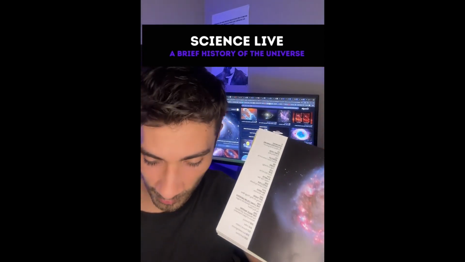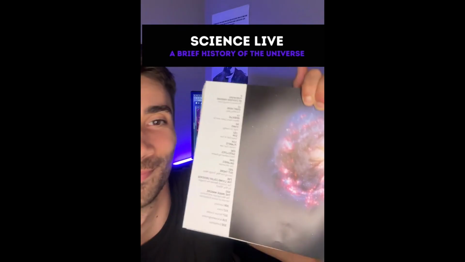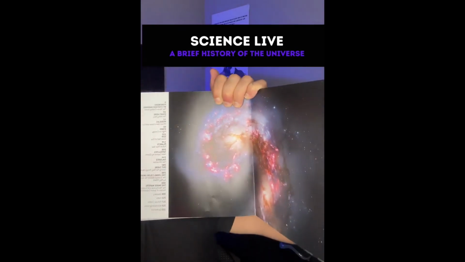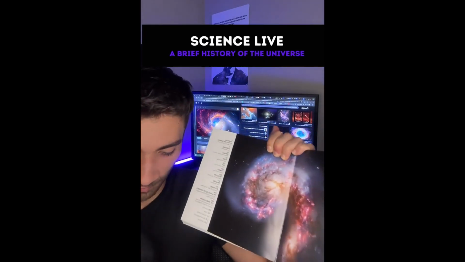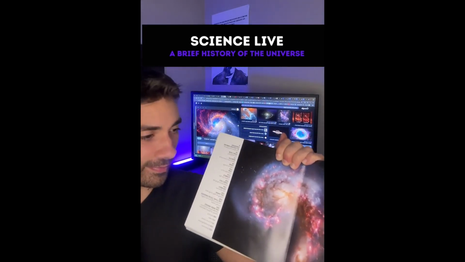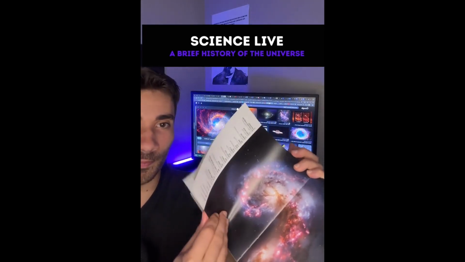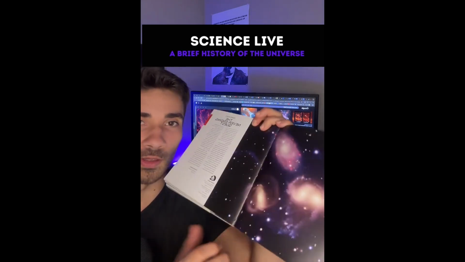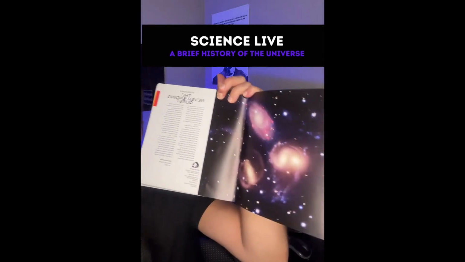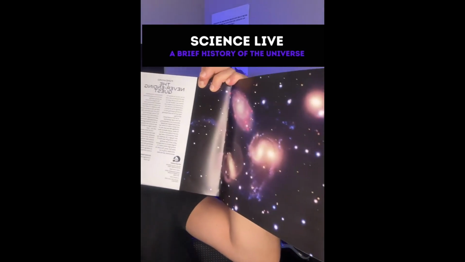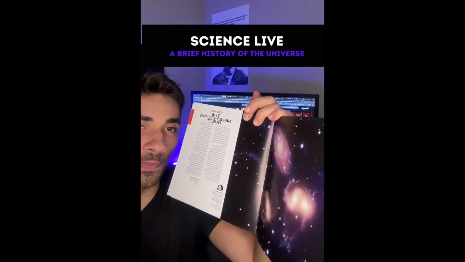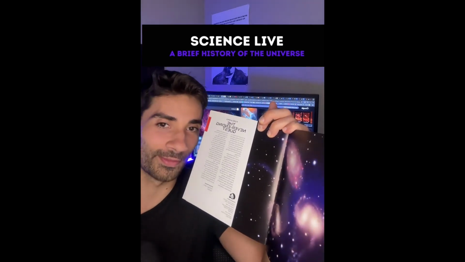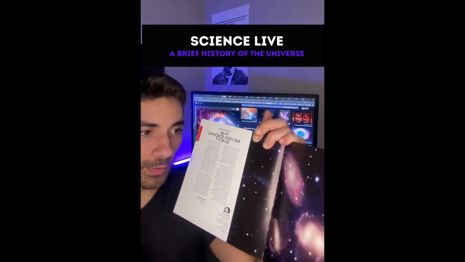There's a beautiful galaxy here. Here's a cluster of galaxies. There are moon galaxies too. We actually have a satellite galaxy that orbits our galaxy. It's funny how the universe works.